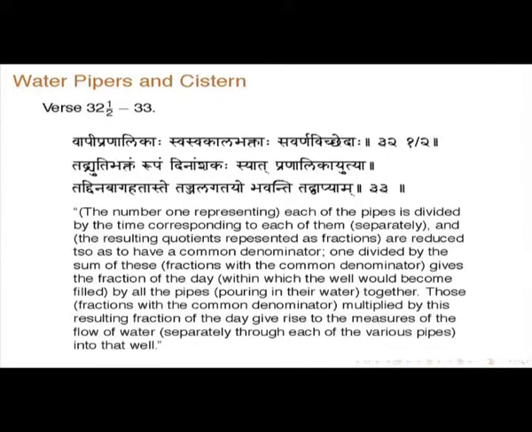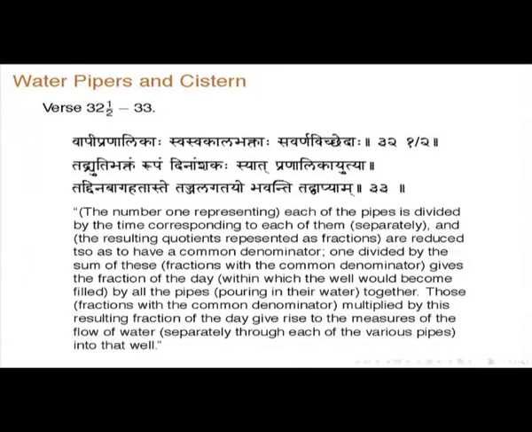The number 1 representing each of the pipes is divided by the time corresponding to each of them separately, and the resulting quotients represented as fractions are reduced so as to have a common denominator. 1 divided by the sum of these fractions with the common denominator gives the fraction of the day within which the well would become filled by all the pipes pouring in their water together. Those fractions with the common denominator multiplied by this resulting fraction of the day give the measures of the flow of water into that well.